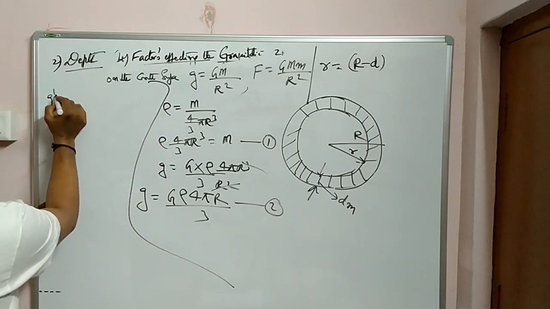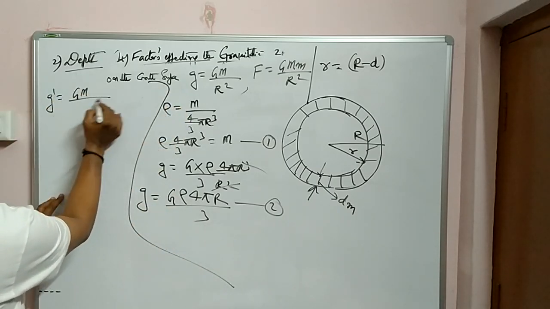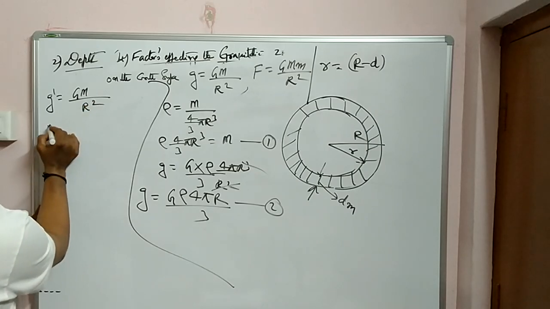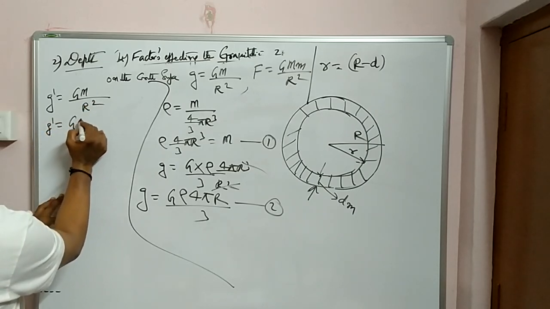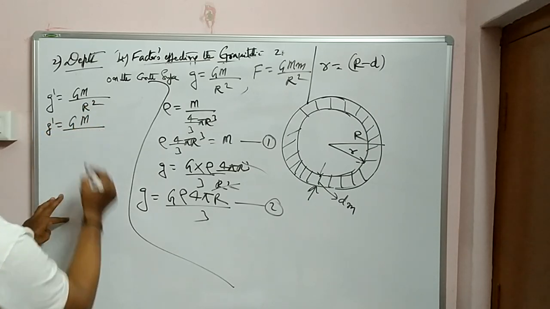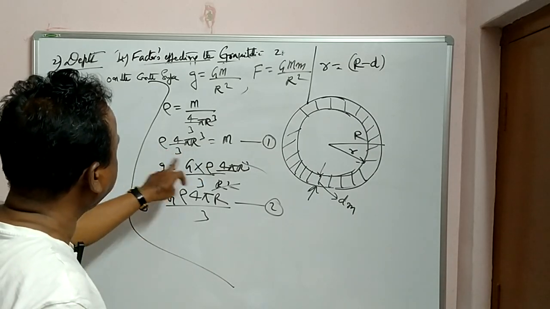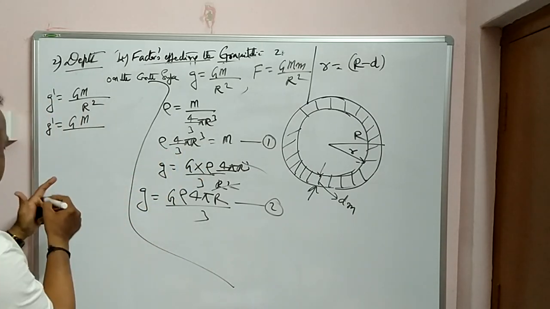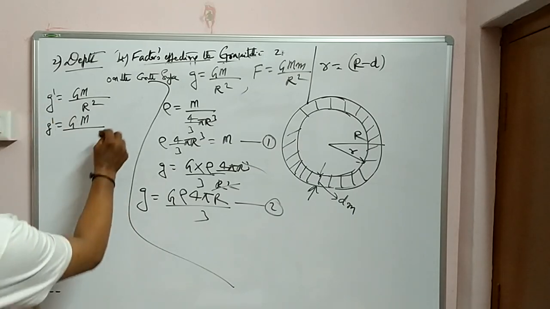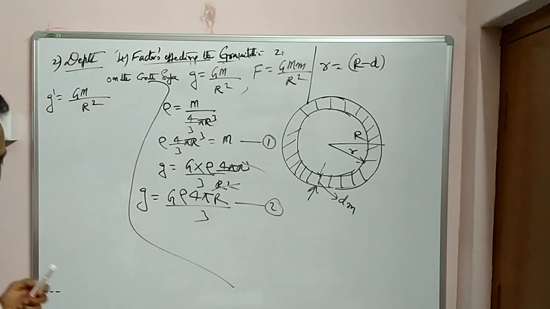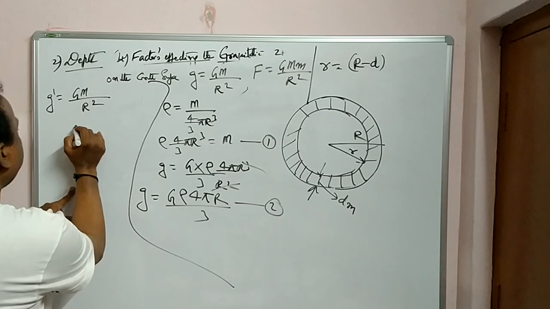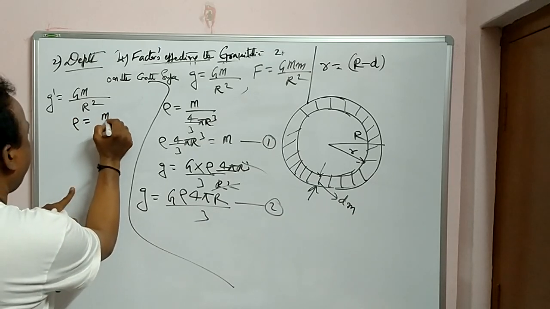So g dash is equal to again GM by r square. Now what is the mass here? What will the mass be now? The mass changes. As you know, density is equal to mass per volume.